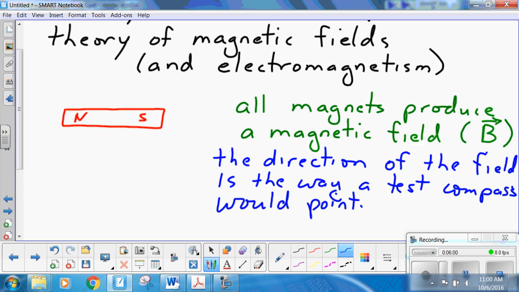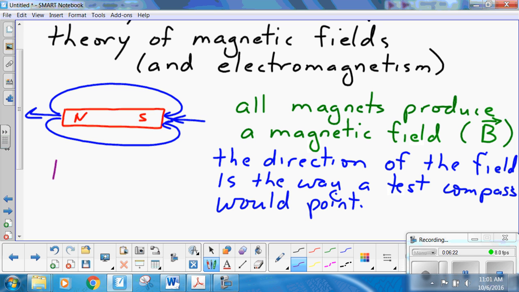So, here, the magnetic, once again, think back to electric fields. You've got field lines, magnetic fields, we get field lines too. So, magnetic fields are represented by field lines.